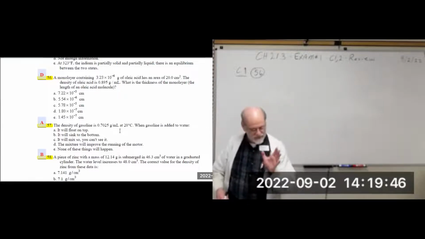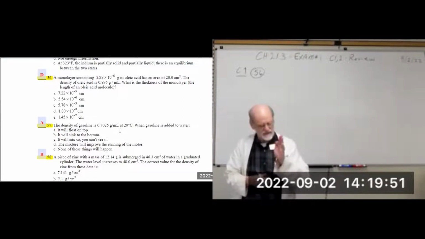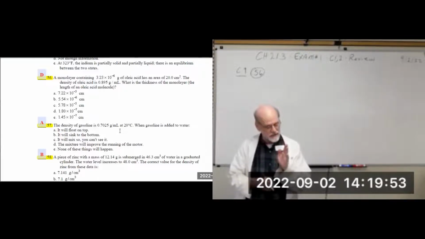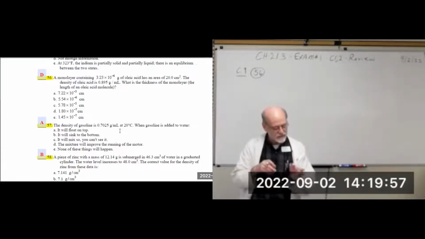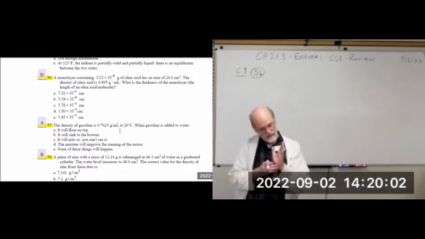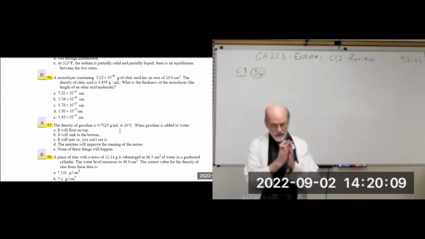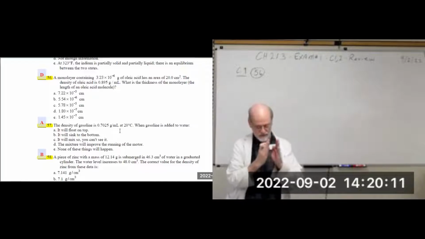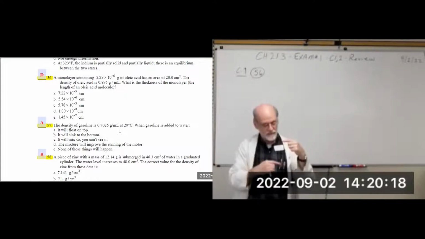And if it's sitting on top of water, which this is, it orients itself so that, and fatty acids have a hydrophobic end and a hydrophilic end, the hydrophilic end is going to be oriented toward the water, and the hydrophobic end is going to be away from the water. So that's why this monolayer of oleic acid is a single layer of oleic acid molecules in a cylinder, right? And the height of the cylinder is the length of the molecule.